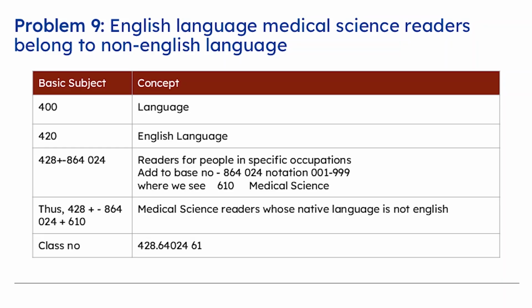We have to add with this dash 6402 dash 864024. Then we will find the class number as 482.640246. So in that way, by analyzing all these concepts and adding table 4, we get the class number for 400 class or language subjects.